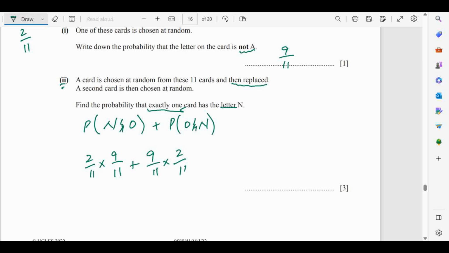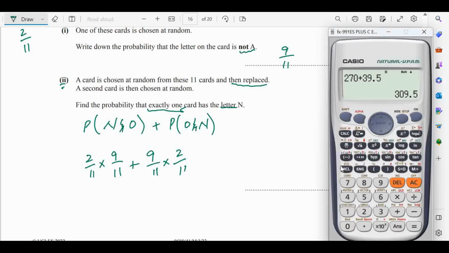So if we simplify it, this will be 2 by 11 multiplied by 9 by 11, plus again 9 by 11 multiplied by 2 by 11.